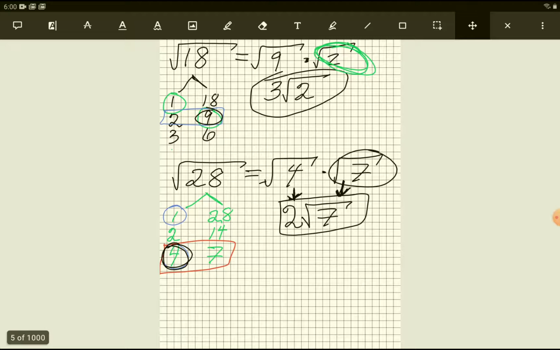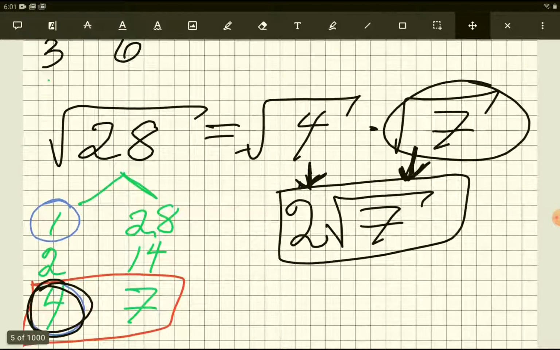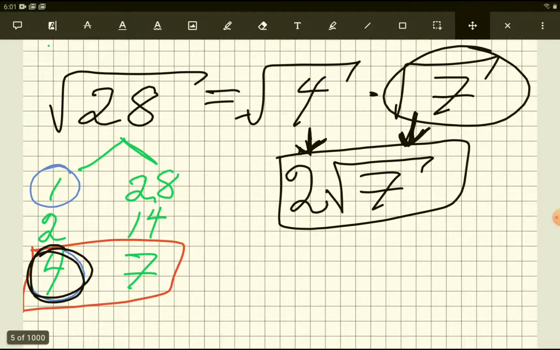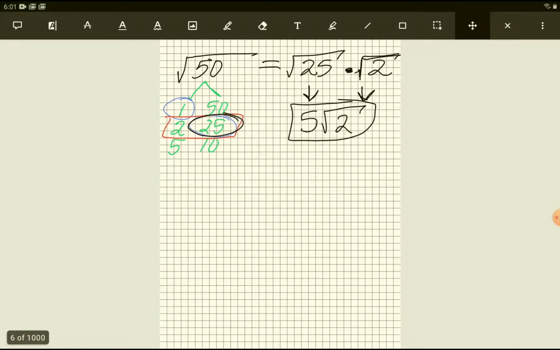So that's when you have to make the tree. Pick the biggest perfect square, so use the pair with the biggest perfect square, and then write it in this way. Square root of 4 times square root of 7, and then just work vertically, straight downwards, to get your final answer. And that's really it.